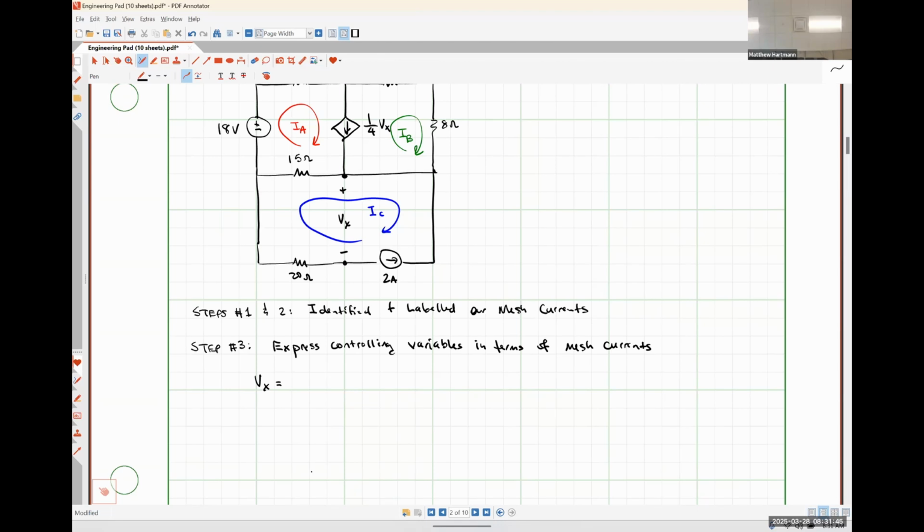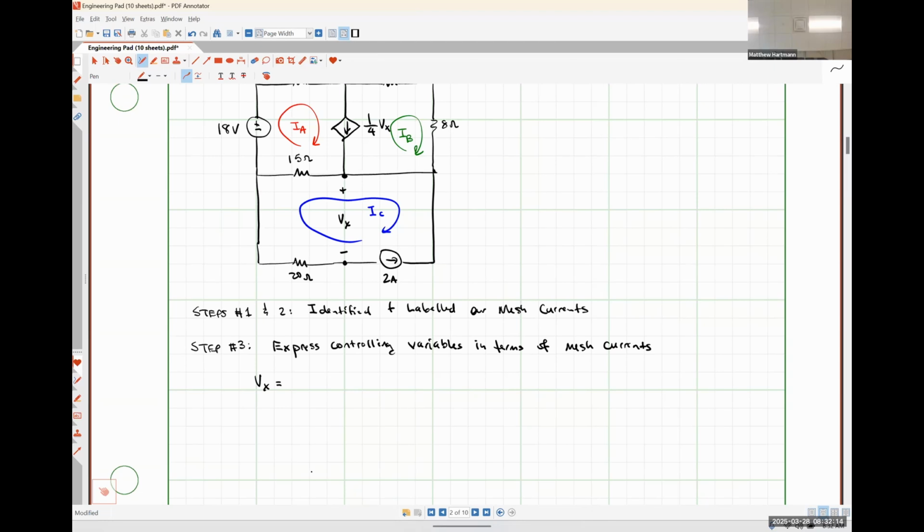Carter. Since the 15 ohm resistor, the 20 ohm resistor, and the 2 amp source are in parallel, we share the same voltage, right? So the 15 ohm resistor is not in parallel with the 20 ohm resistor. The 15 ohm resistor is from that leftmost node over to the rightmost node.